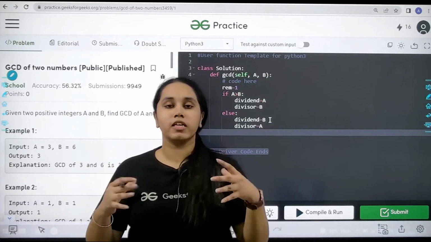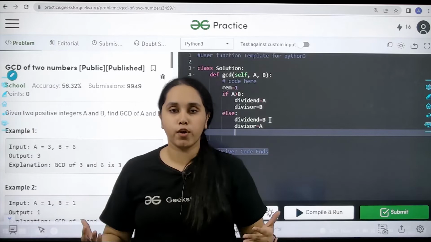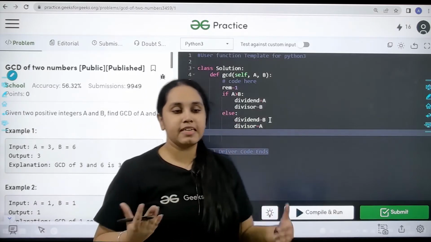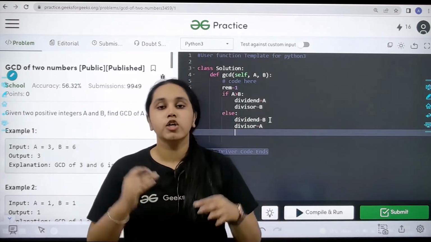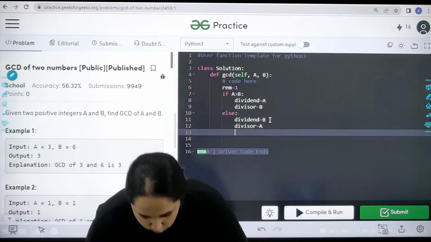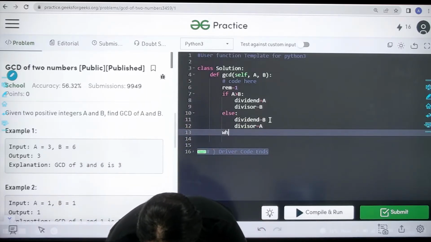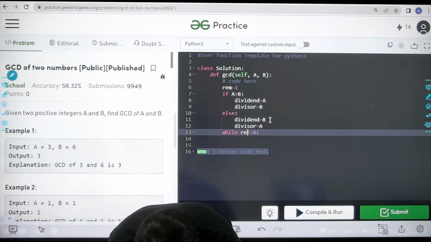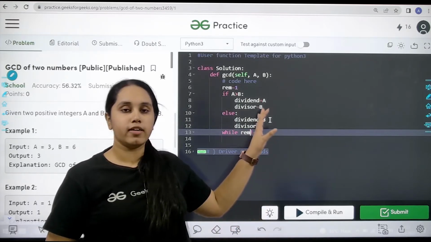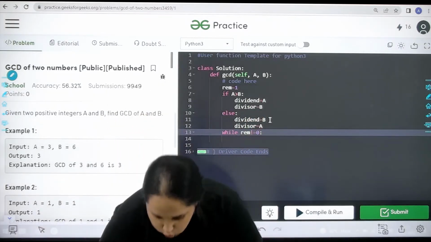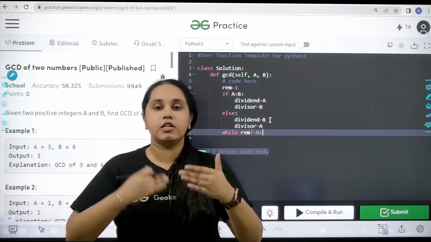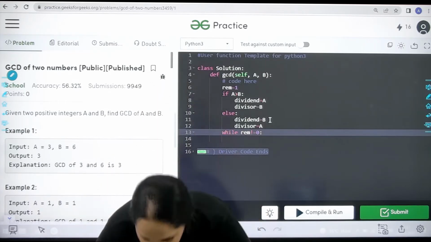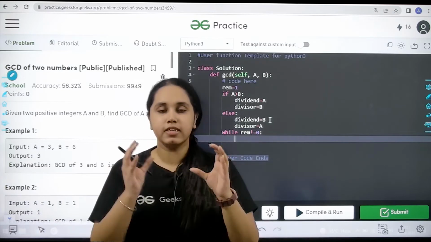In the next part we need to check if the remainder is 0 or not, because we need to find the factor. Initially the remainder should not be 0, so I would write while my remainder is not equal to 0. Then I need to keep on finding the remainder value using the divisor and dividend.